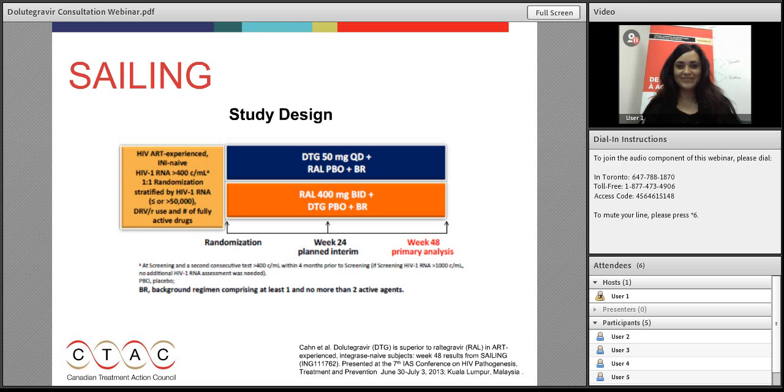And really the study was designed to test the safety and efficacy of dolutegravir 50 milligrams once daily versus raltegravir 400 milligrams twice daily when used with a backbone of 2 antiretrovirals, one of which must have been fully active, and a minimum of 2 class drug resistance. And in the trials, approximately 50% of participants had resistance to 3 or more drug classes.